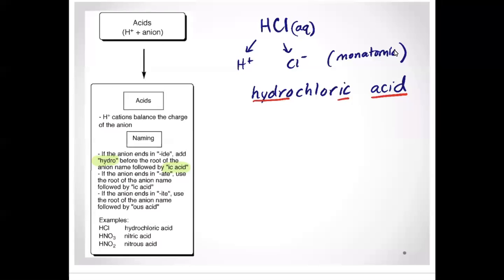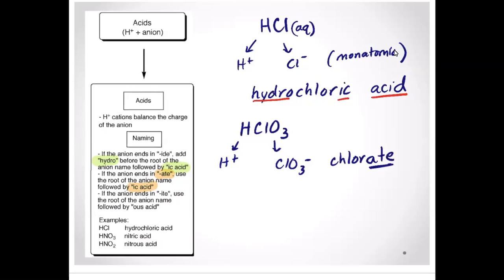Now, if your anion ends in "ate," it's polyatomic, you will just add ic acid to the end of the root name. So if we had, let's use the chlorate. We know this comes from H plus and ClO3 minus, which is chlorate.